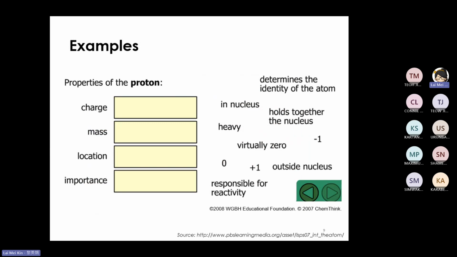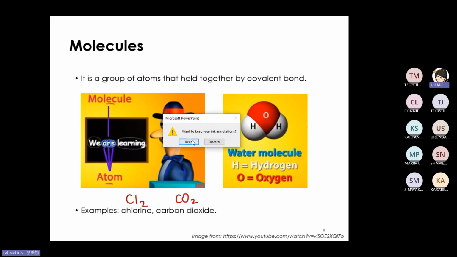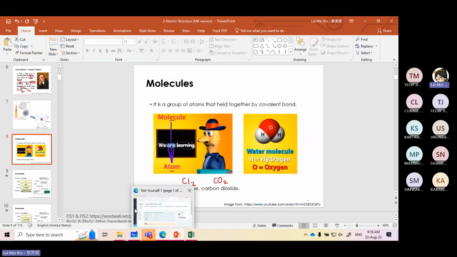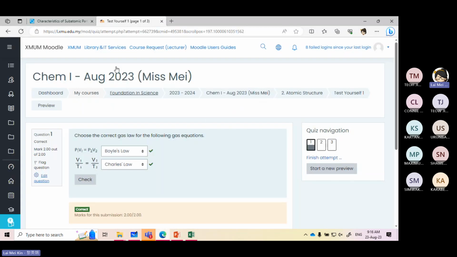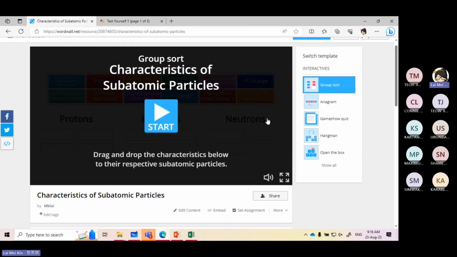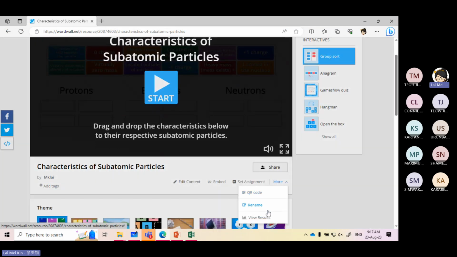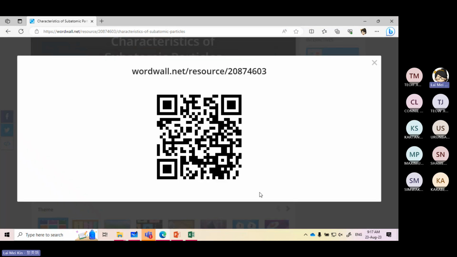Let's play a simple exercise. Here again, you can scan the QR code. Same instruction: put in your student ID, don't put in your name. Put in your student ID, FIS2308. You will mix and match the characteristics.